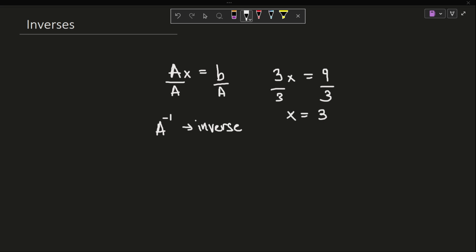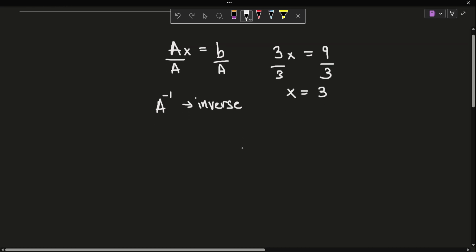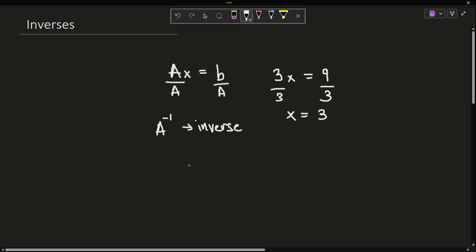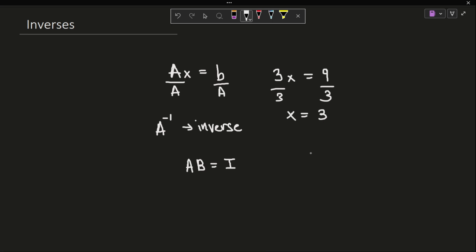So we can define this in another term other than reciprocal. Let's say we have a matrix A and B is the inverse of it. When we multiply these two together, it equals I. And I haven't talked about I yet, but this is another type of special matrix, which I like to call the one of the linear algebra world, because whenever you multiply a matrix by I, it just equals itself.